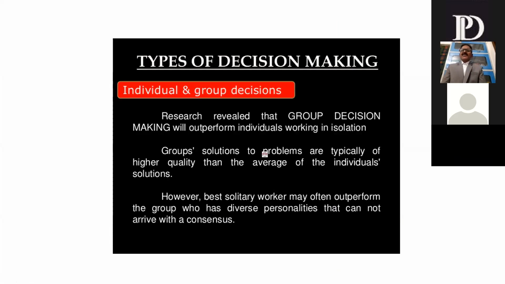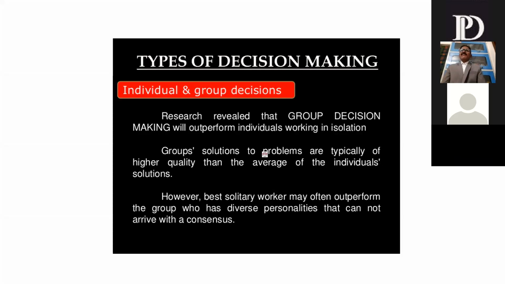Yes, types of decision making. I told you before, at the earlier webinar, I discussed two very important factors. That is individual decision making and group decision making. Individual decision making is not perfect, I think. Why?